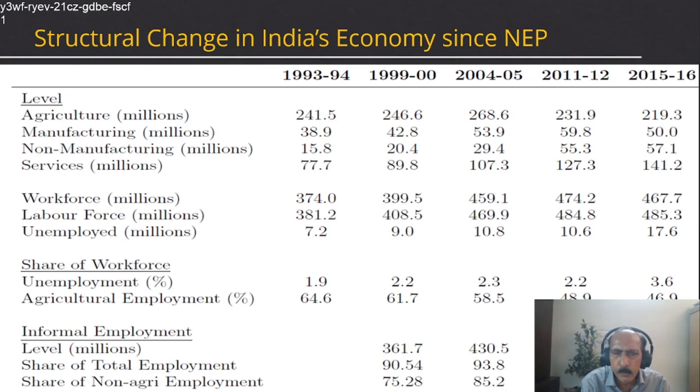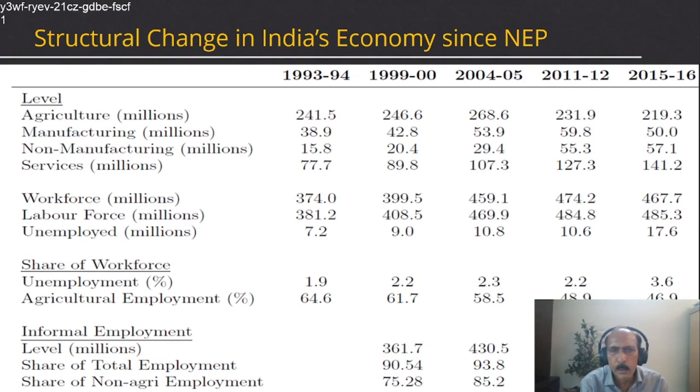But if you particularly look at the structural change which has taken place after the economic reforms, that is after 1991, we introduced the new economic policy in terms of making all sectors out of the control of the government and making them dependent on market forces.